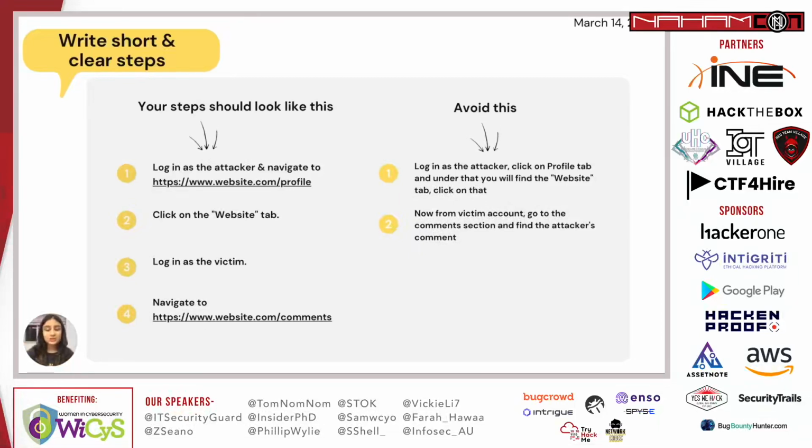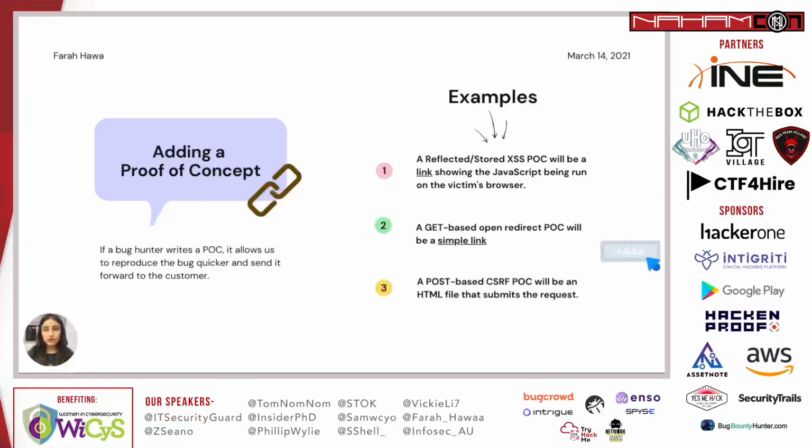So triagers will definitely be thankful to you if they can scan simpler steps rather than parse those long paragraphs. You should try to write short and clear steps instead of writing long paragraphs where too many actions are clubbed into one step.